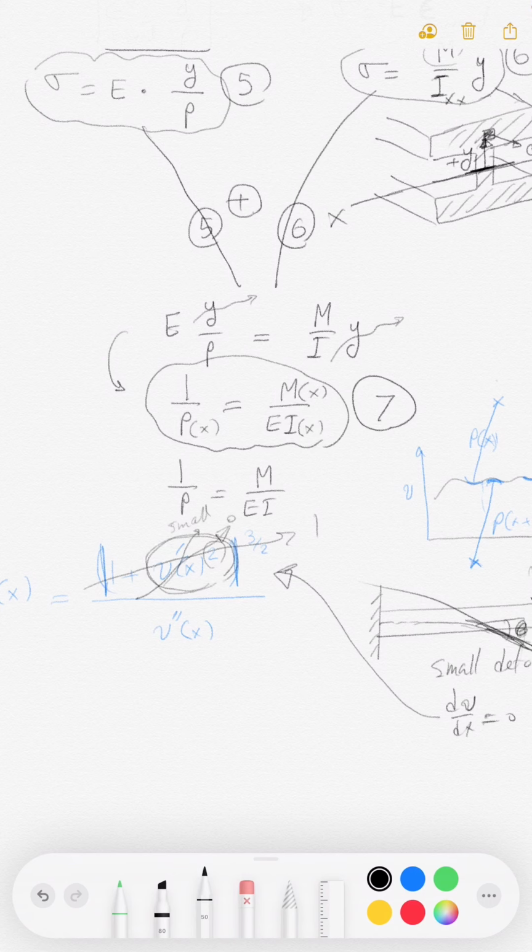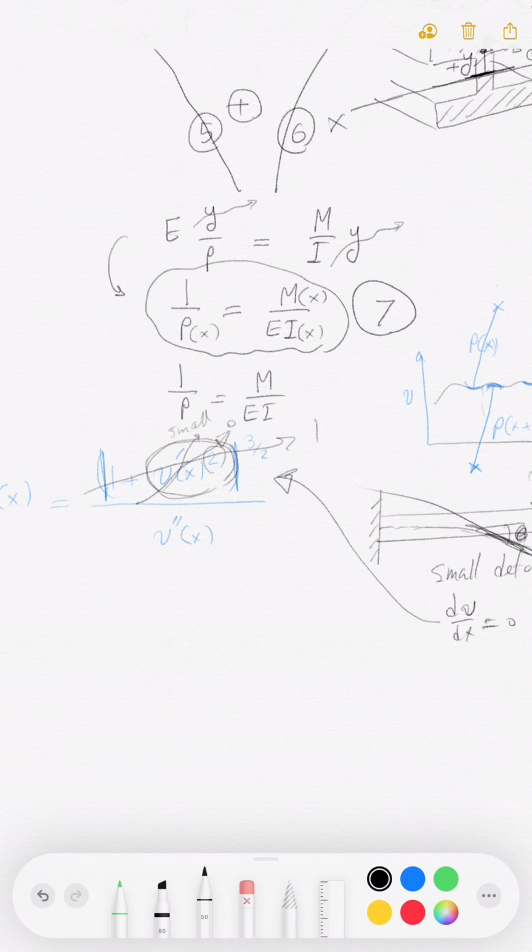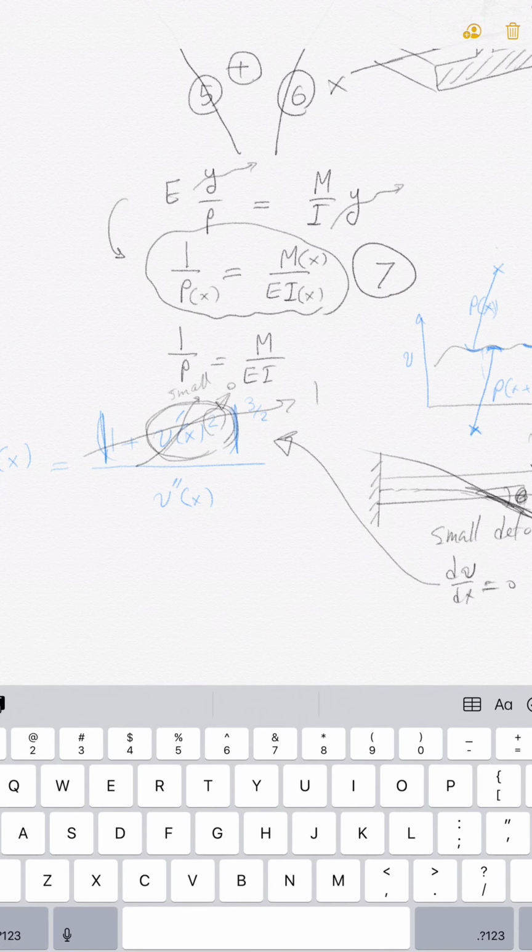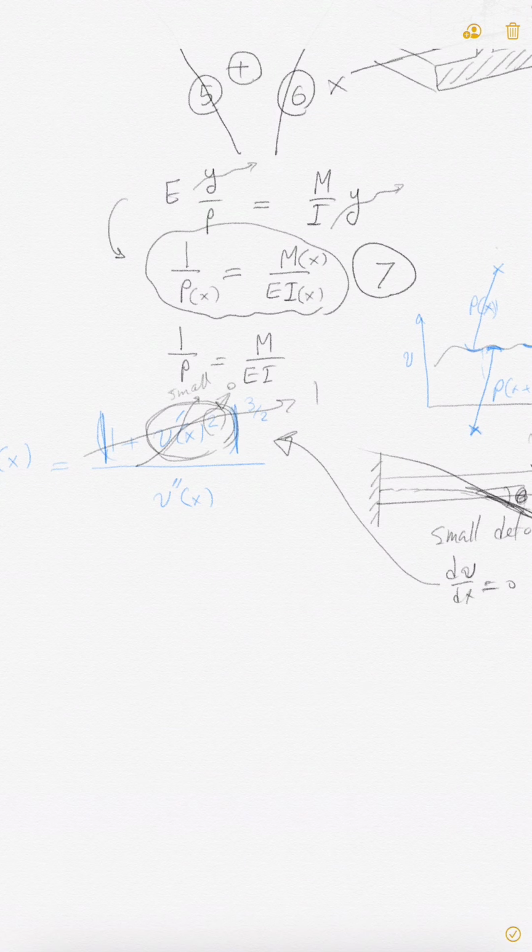V prime squared, right? So my approximation right here, which is a very, very good approximation, becomes rho of x, the radius of curvature at any point, is equal to 1 over v second derivative at x, because the top is almost 1, right?